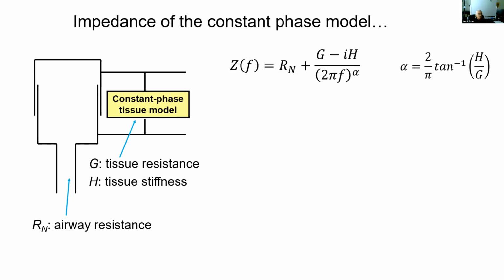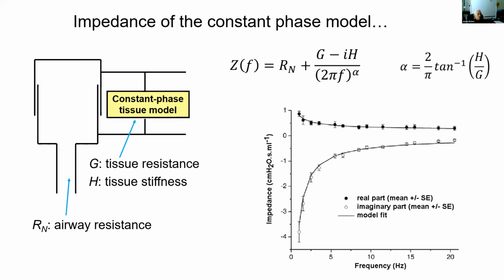But the physics of the tissue that's giving rise to that particular functional form is a very interesting topic in its own right, which I don't have time to get into. But it's related to the fact that if you take a strip of lung tissue and suddenly stretch it and look at the stress in that tissue as a function of time, it doesn't decay exponentially or even as a sum of exponentials. It decays as a power law in time. And that's all I've got time to say about that, but it's pretty interesting physics going on there.